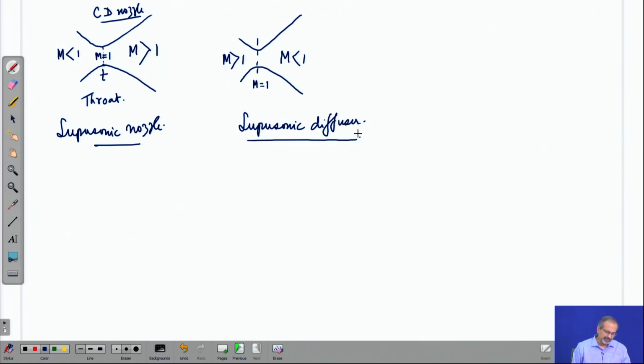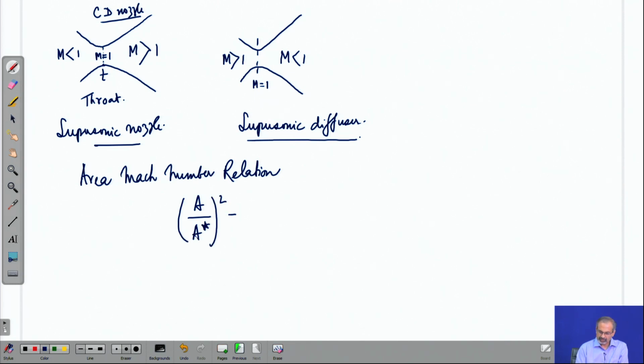So, in both cases there was a throat, a minimum area section where the Mach 1 condition was achieved, but in one case a subsonic flow accelerated to a supersonic condition, in another case a supersonic flow decelerated to a subsonic condition. There is a very important relation which you can derive further, which is called the area Mach number relation, which looks like this.